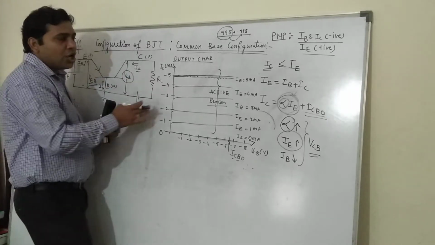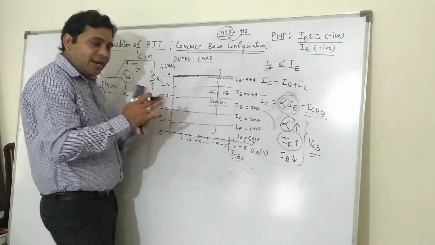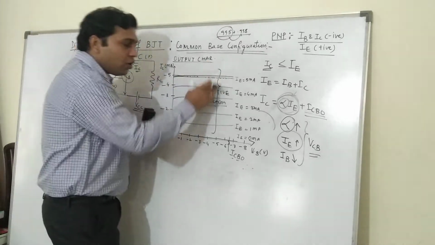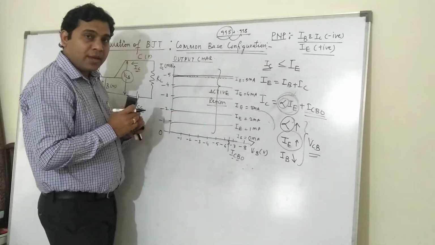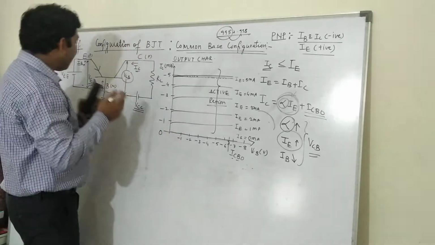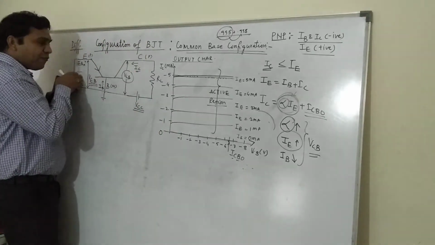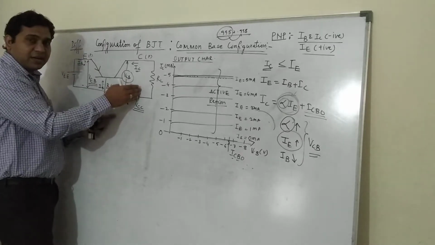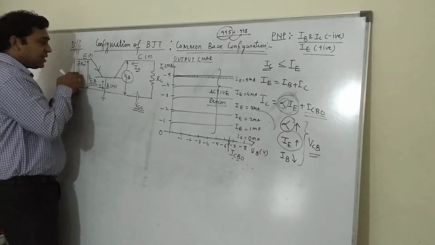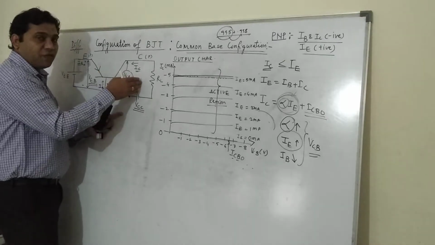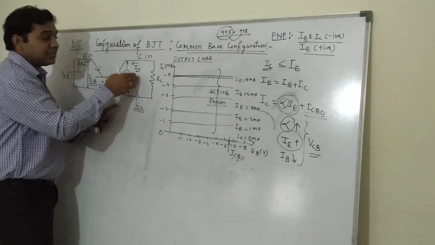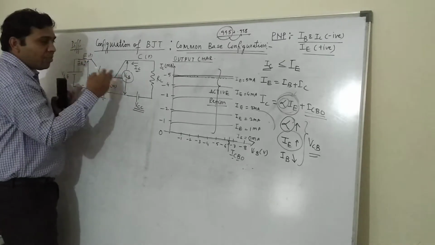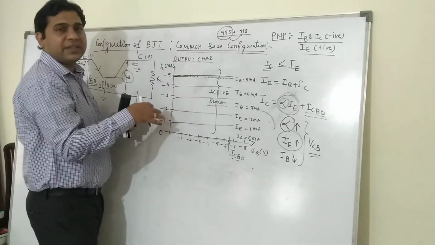These are the characteristics we have obtained by doing so, so we call it the active region. Now there might be questions: why have we kept this forward and this reverse? We could keep this reverse and this reverse also, or this reverse and this forward, or this forward and this forward.